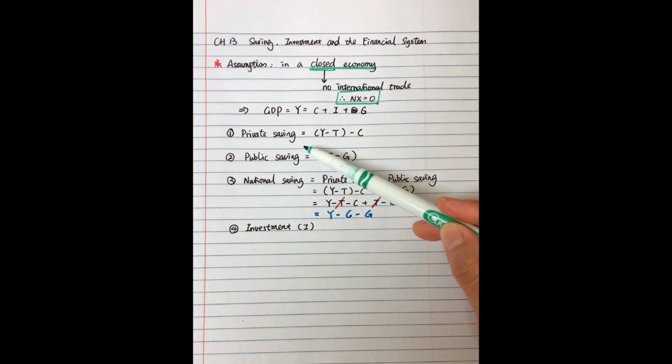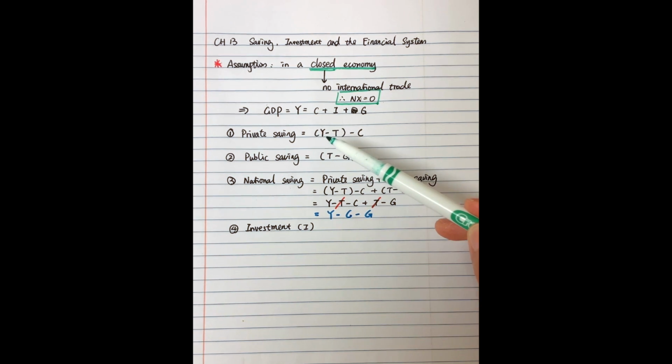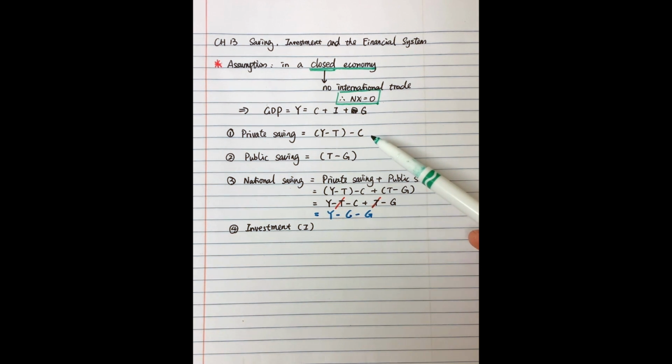So private saving is equal to household's income Y subtract T. This will be our disposable income, and then subtract consumption. Okay, so private saving is the proportion of household's income that is not used for consumption or paying taxes.